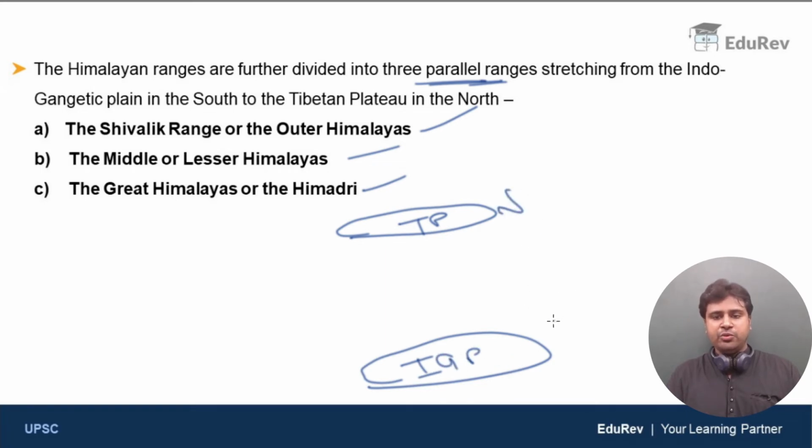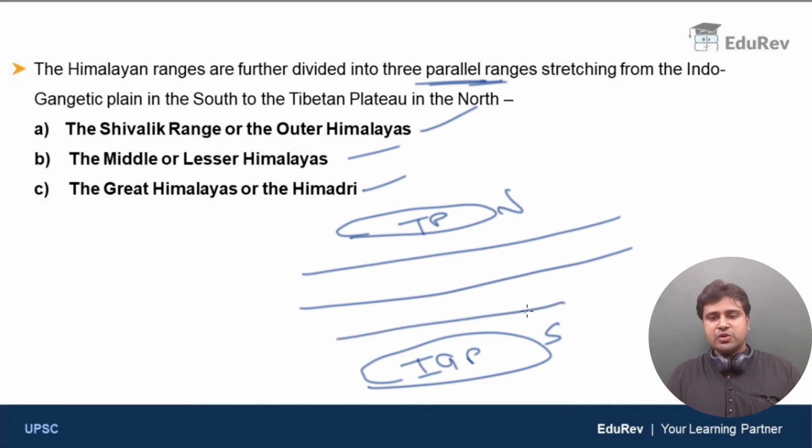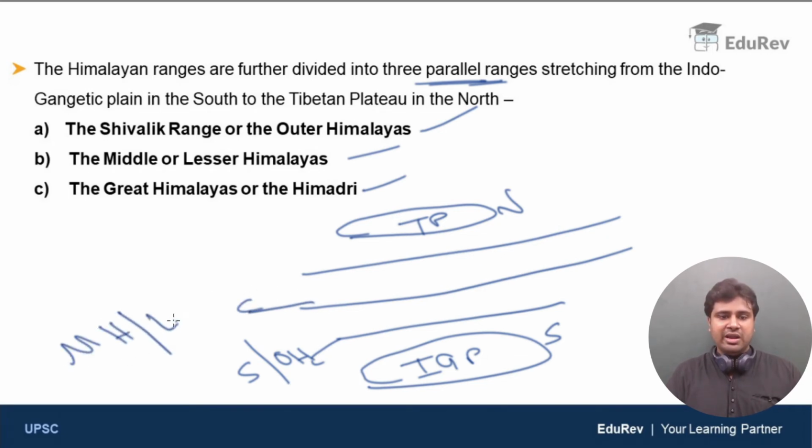Between these you have three parallel ranges of Himalayas. The southernmost one is the Shivaliks or simply outer Himalayas. The middle one is the middle Himalayas or lesser Himalayas, and the northernmost one is the greater Himalayas or Himadri.